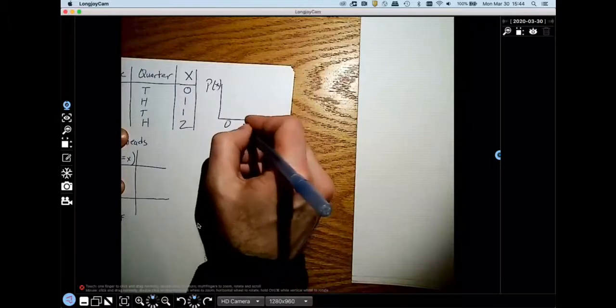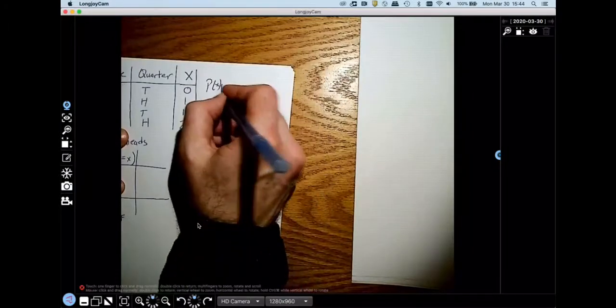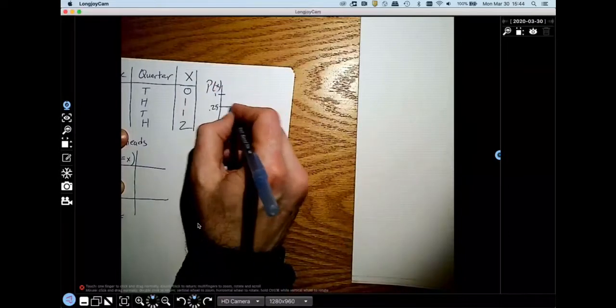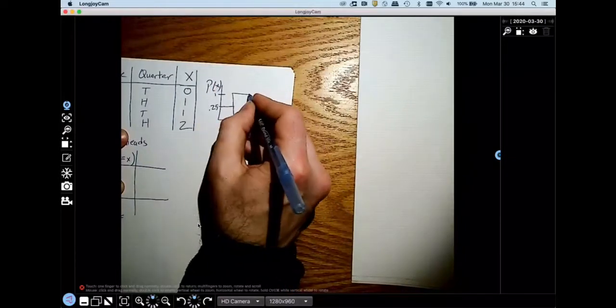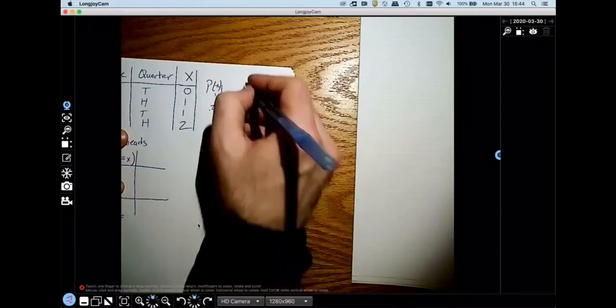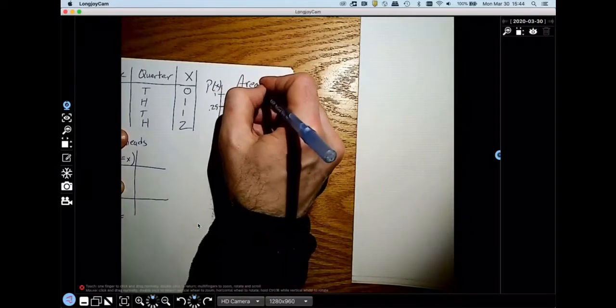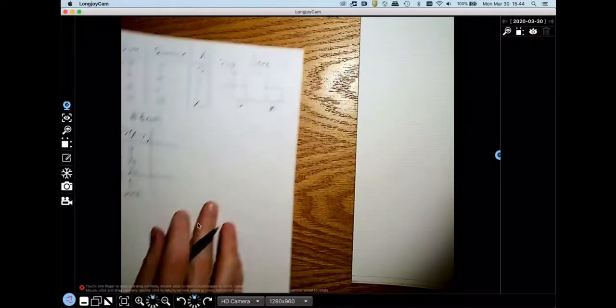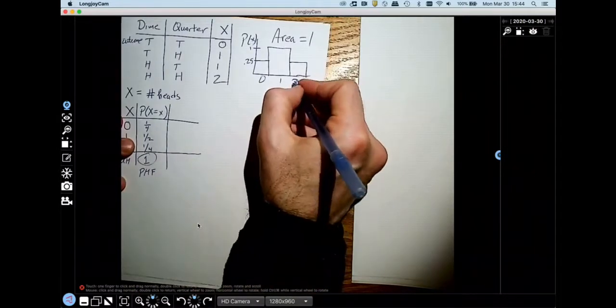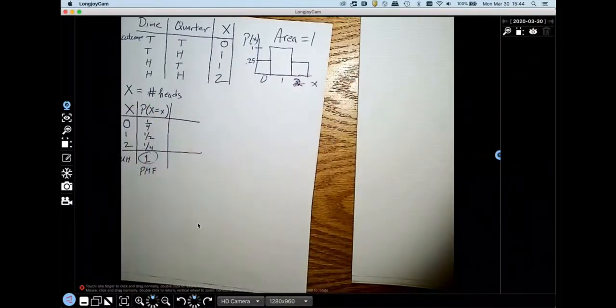This is a quarter, this is a half, and so I would have a bar that looks like this, and there is my PMF. Notice the area under this curve is equal to 1. So something has to happen if my random variable is well defined. That's a 2, and this is my x-axis.